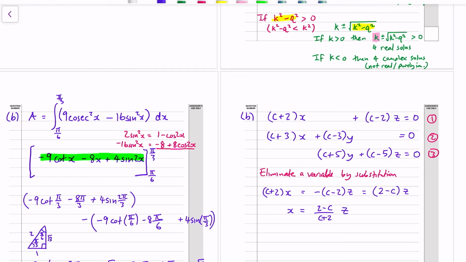Now, I can't do that with any of the other equations because the second equation doesn't have any z's in it, and the third equation doesn't have any x's in it. So, what have I achieved there?